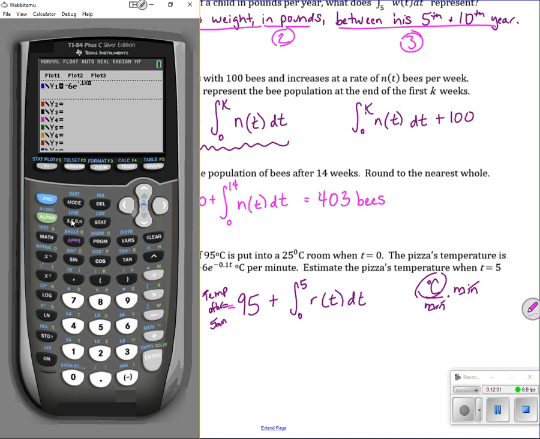So there is my rate. That's R of T. So if I already have it in Y1, I can put 95 plus Math 9 from 0 to 5 of Y1.